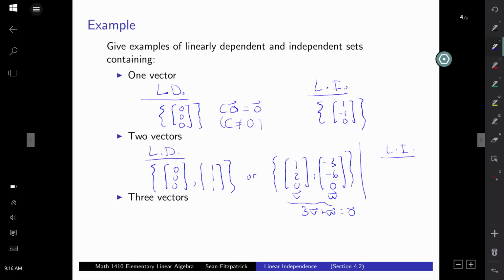For an independent set, I could take any two non-parallel vectors, (1, 2, 0), and I could take (0, 1, 1), let's say. Okay. With three vectors, again, if any of the vectors is the zero vector, you're dealing with a dependent set. If any two of the vectors are parallel, you're dealing with a dependent set. But the other possibility with three vectors, if you want non-zero, non-parallel vectors, is that maybe I have my vectors (1, 2, 0) and (0, 1, 1).